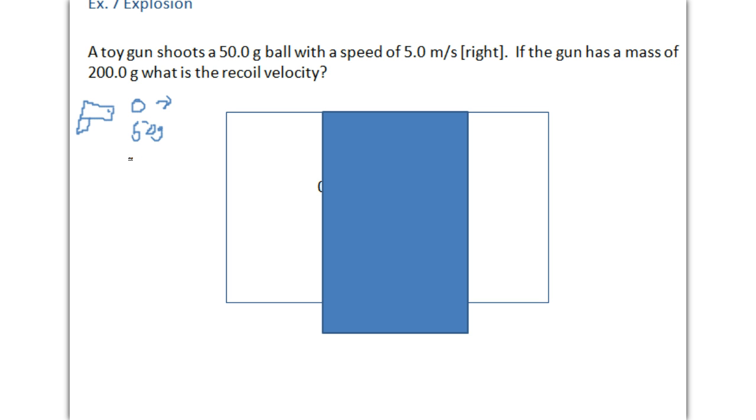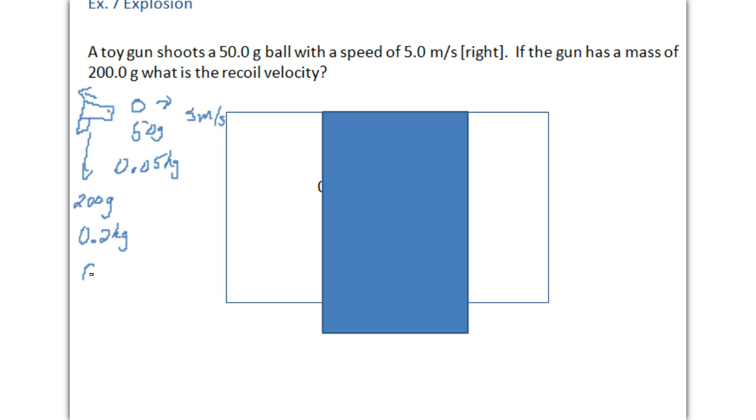Remember that needs to get converted to kilograms, so you divide by 1,000. And it's moving at 5 meters per second. What we want to know is the recoil velocity of the gun. And the gun itself weighs 200 grams, in kilograms, 0.2.